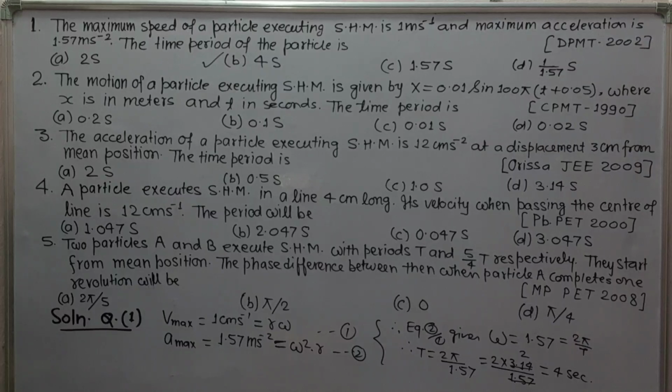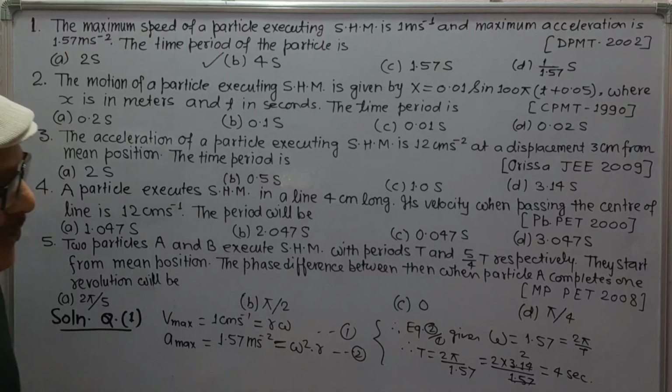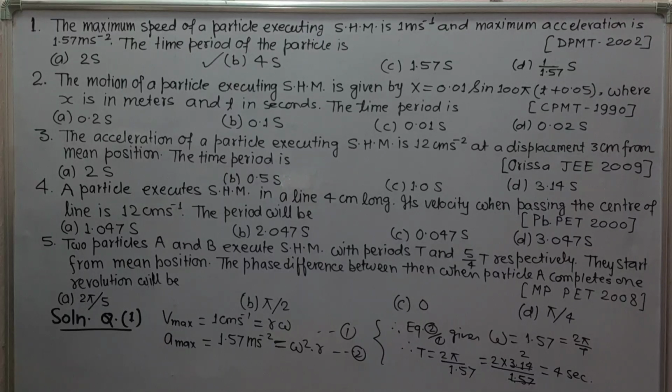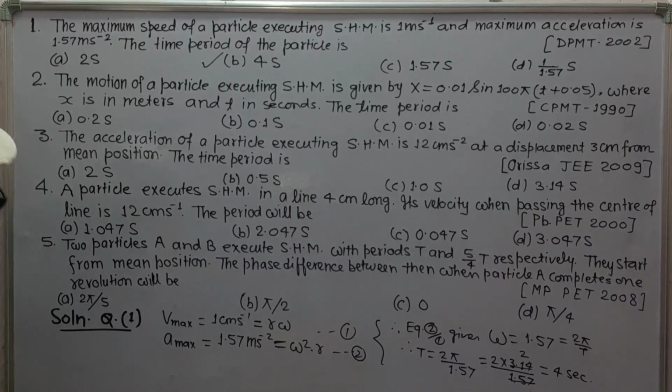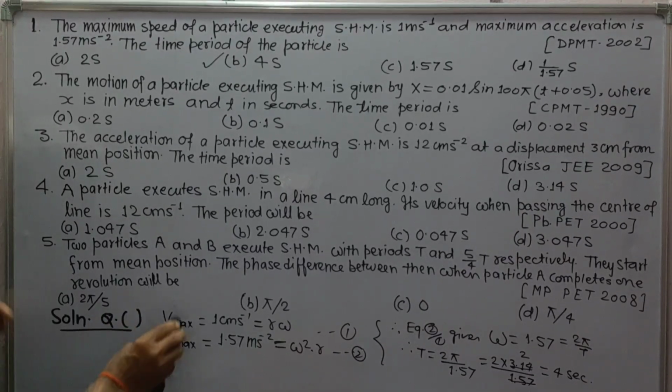Next question number 2. The question is, the motion of a particle executing simple harmonic motion is given by x is equal to 0.01 sin 100 pi into t plus 0.05, where x is in meters and t in seconds. The time period is. Now solution to question 2.